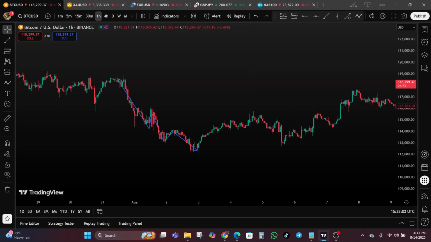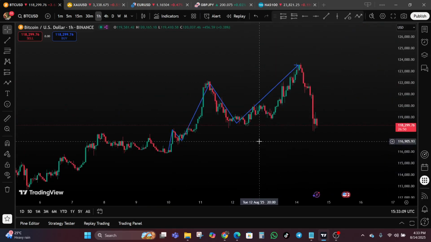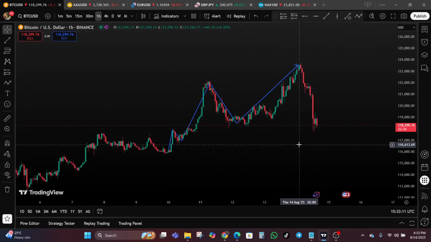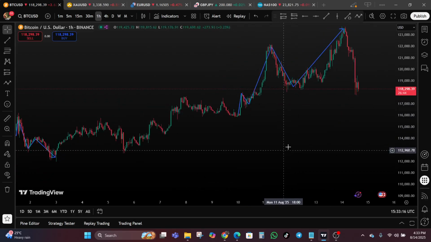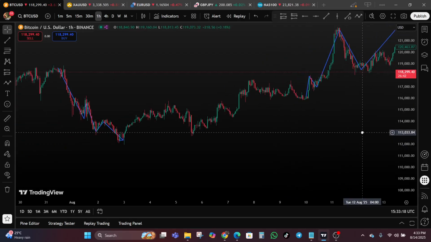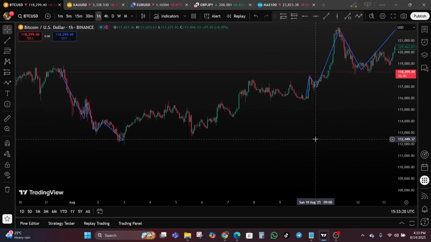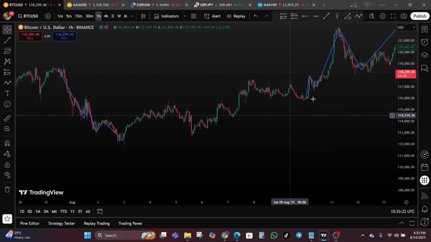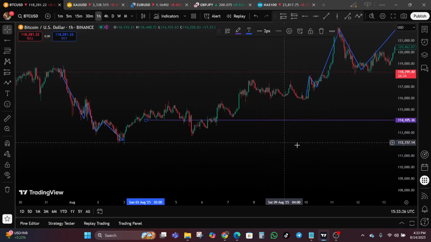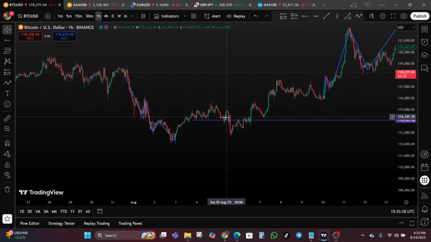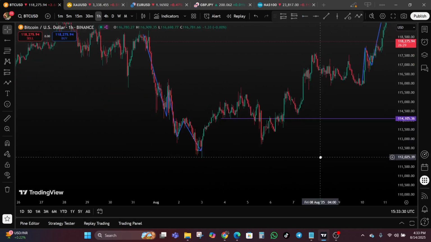So now let us go further to identifying bullish and bearish setups. In a bullish setup, you might see price sweep liquidity below a previous low. So things like that could happen sometimes. We can probably use this as an example.